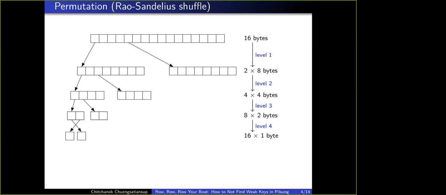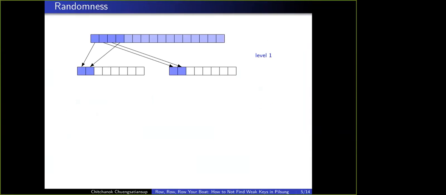The important thing is how it determines which byte should go in which group. It uses some randomness to determine this. We will take a look at the details of the randomness used. Again, at the first level of shuffling, it looks at the first 4 bytes and uses 4 bits, one for each byte, to determine which group it should go into.